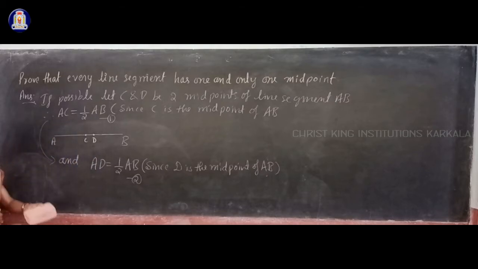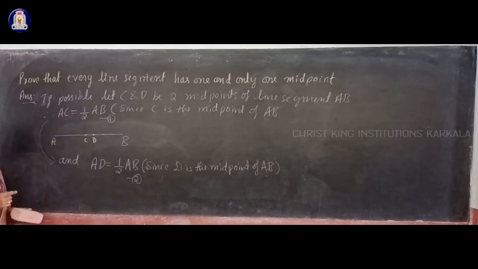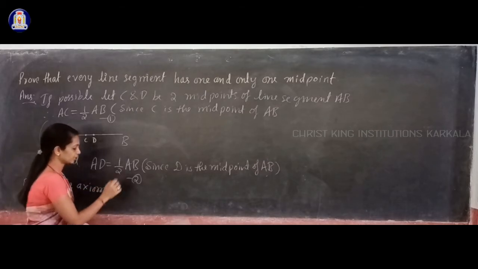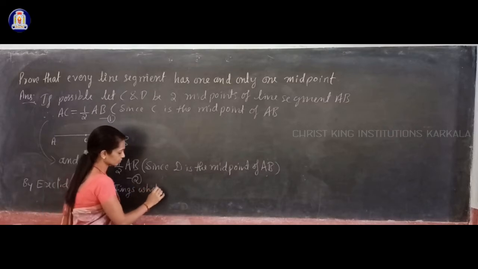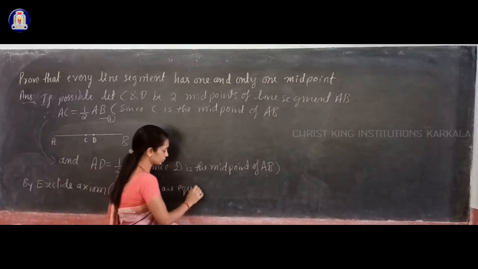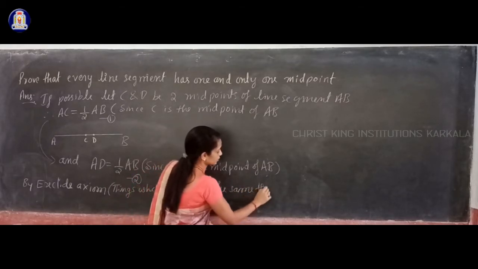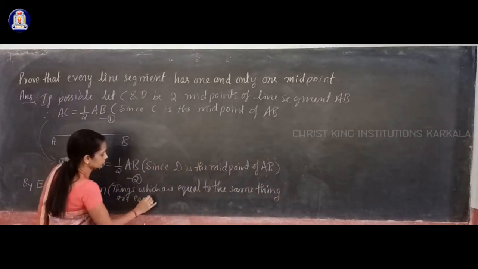That is by Euclid's axiom. You know that things which are equal to the same thing are equal to one another. AC and AD are equal to one another, we can say, by Euclid's axiom. Which axiom? I'll write in a bracket: things which are equal to the same thing are equal to one another.